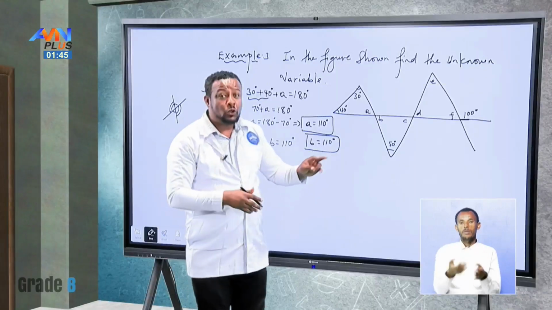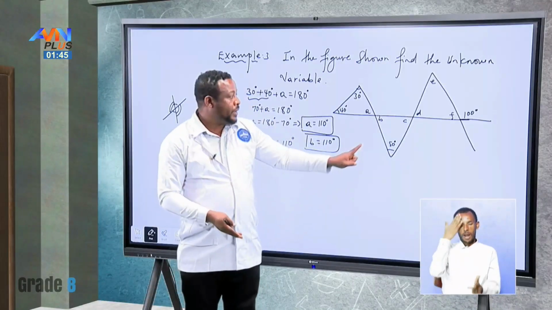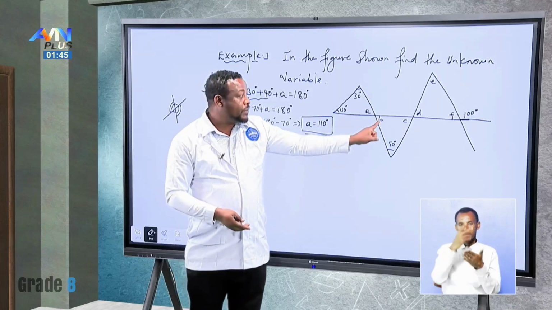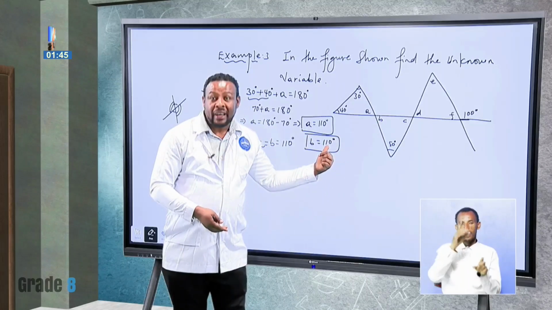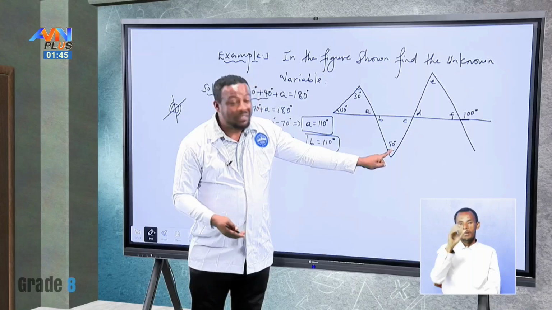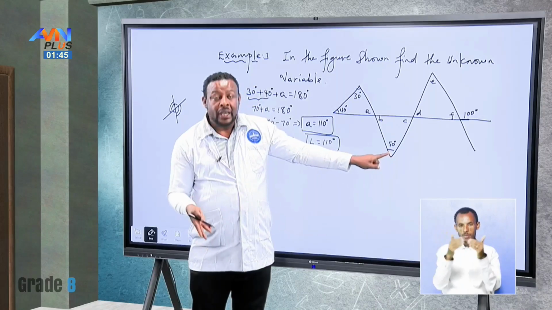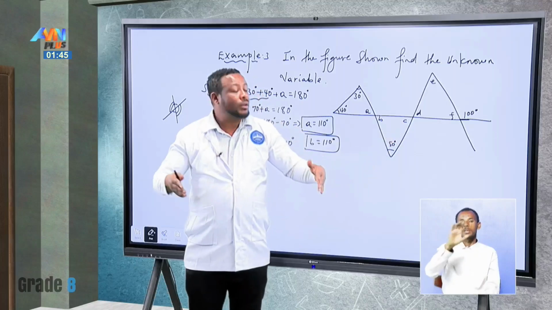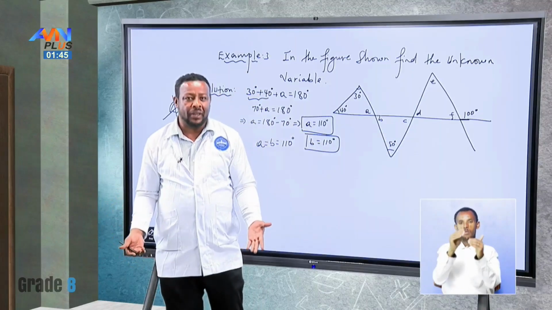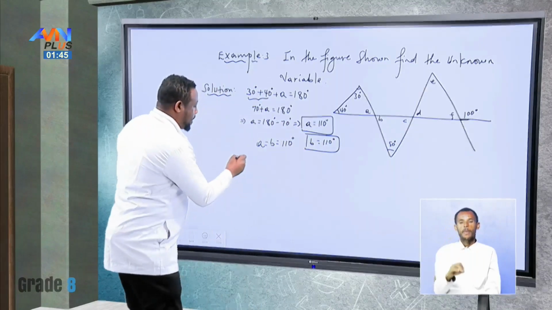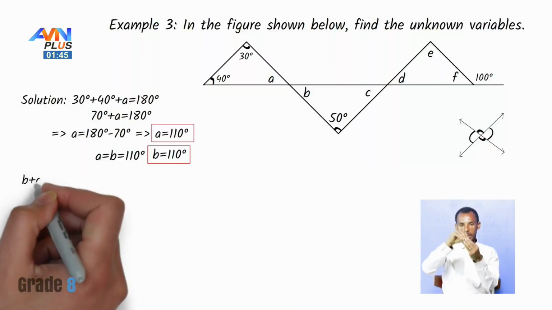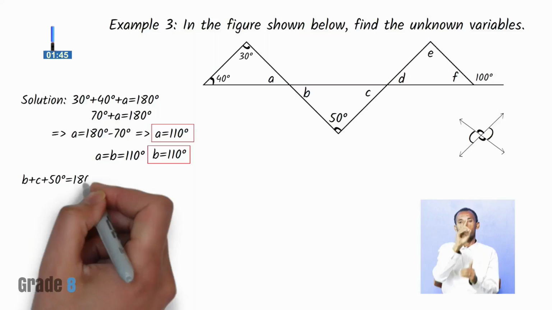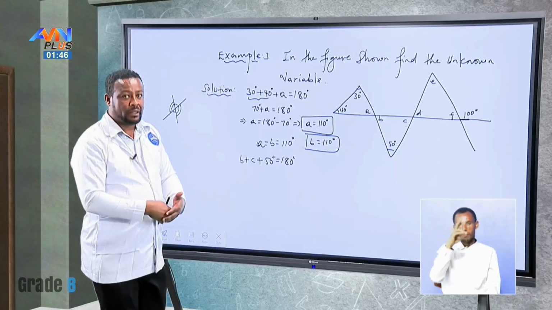Now let's proceed to the third unknown, which is C. In this case, we have angle B, which is 110, and another angle which is 50 degrees. The sum of B, C, and 50 is 180 degrees, because it's one triangle.